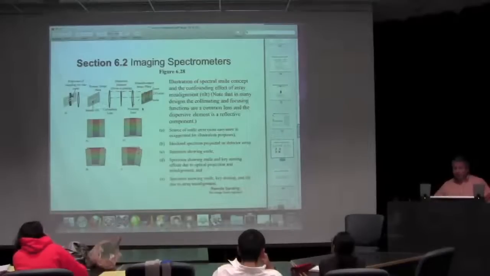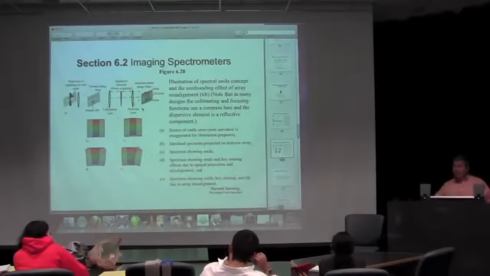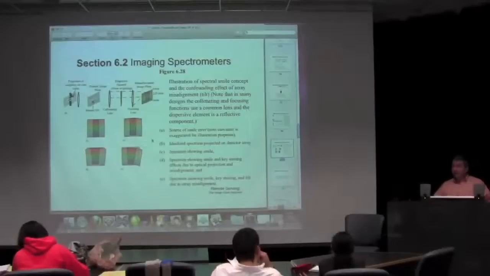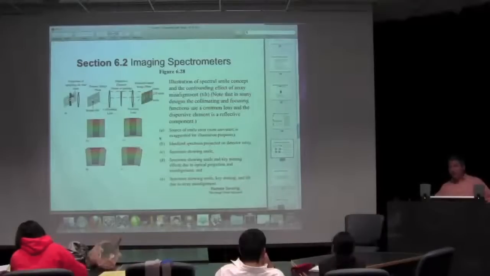So whenever you work with hyperspectral data, whenever you get a detecting array or a new sensor that comes along that is based on this kind of technology, you want to make sure you get from the manufacturer, the person that created it, a characterization of the spectral smile, because you need to resample this data, put it back in the right places as a function of position across the line if you want to get your spectral signals right.